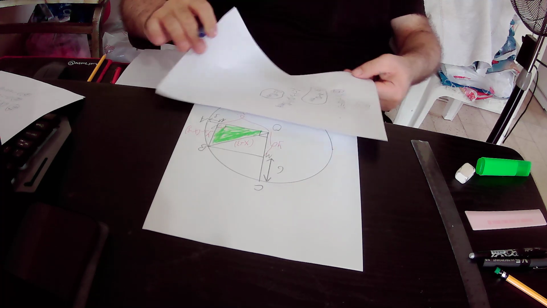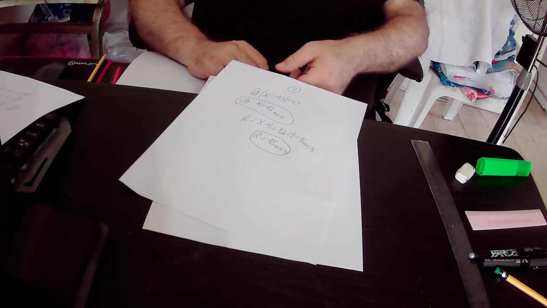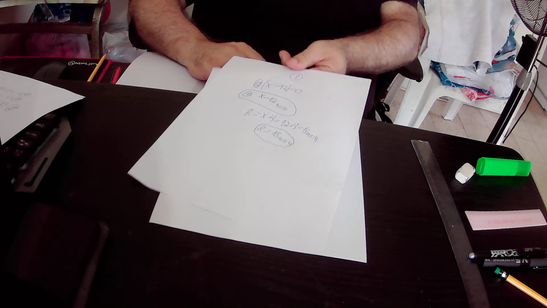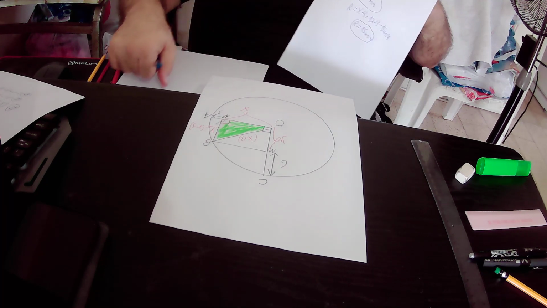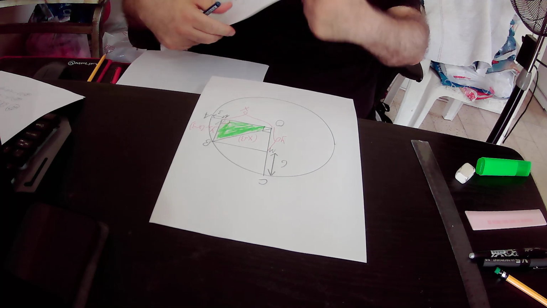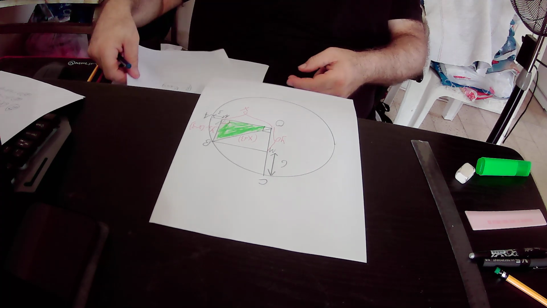So we found that the radius of the circle equals 15 units. The radius of this circle equals 15 units. Okay, so that is the answer to the question.